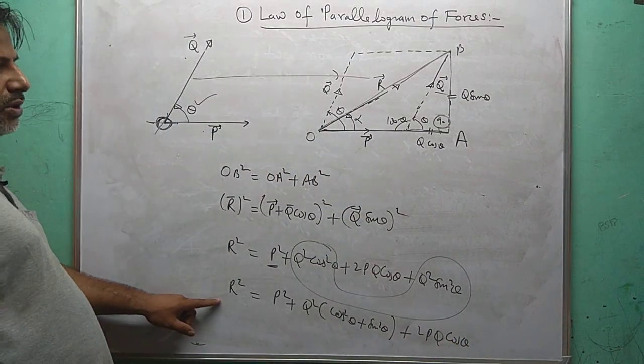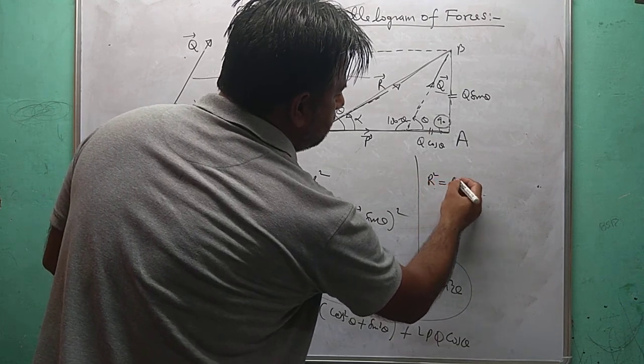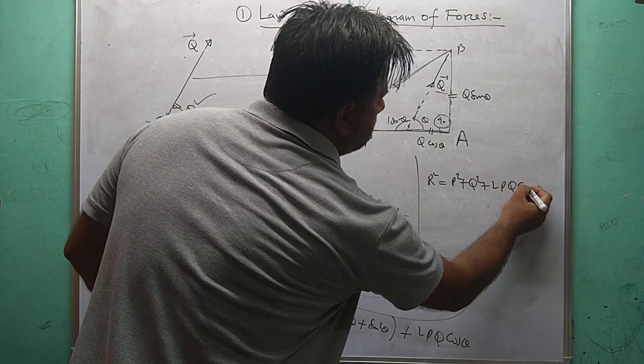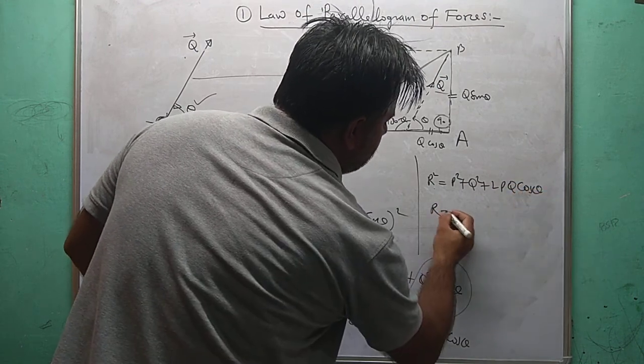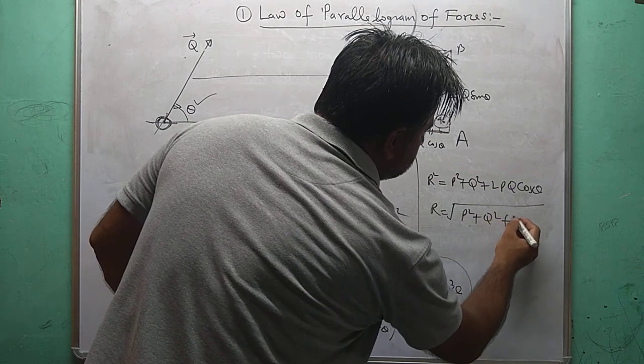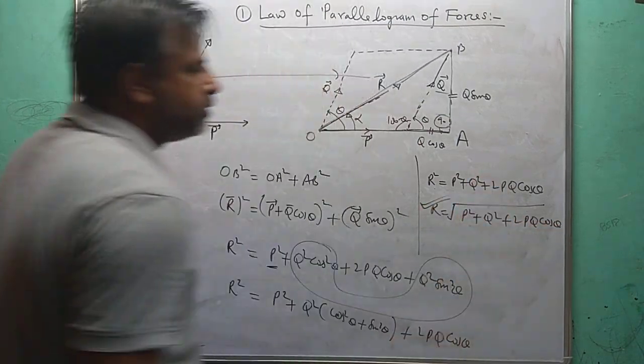The resultant of these two forces is R square equal to P square plus Q square plus 2PQ cos theta, or R is equal to the square root of P square plus Q square plus 2PQ cos theta. This is the resultant of these two forces.